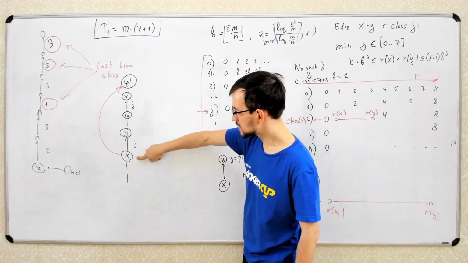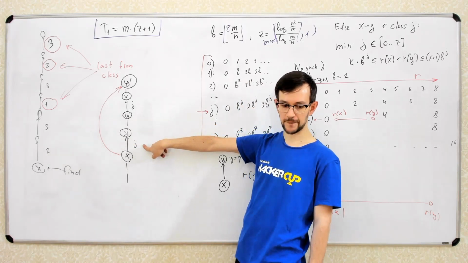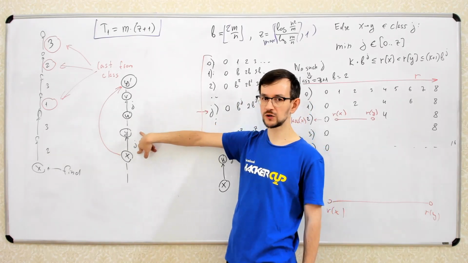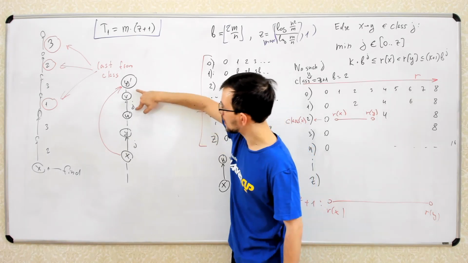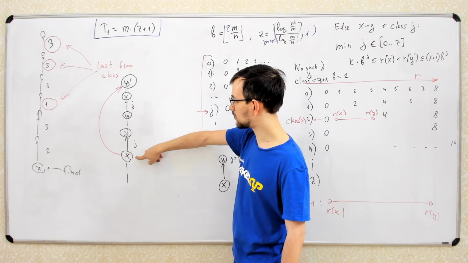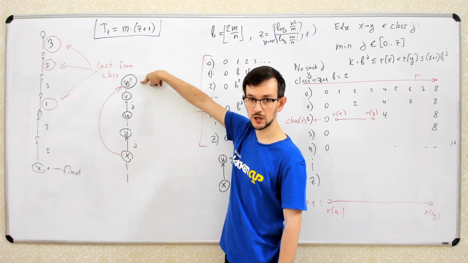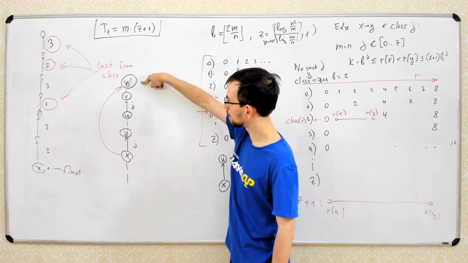So X was connected to vertex Y, and this edge was in class J, and this was not the last edge from this class. So here we have another edge from the same class. So after we apply path compression, this x will be linked directly to this vertex y prime, right?